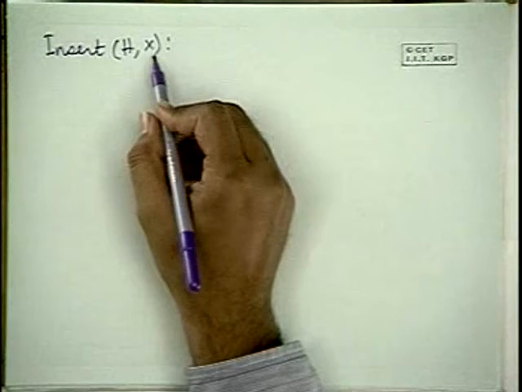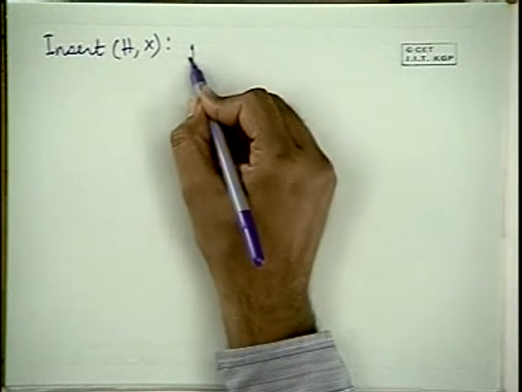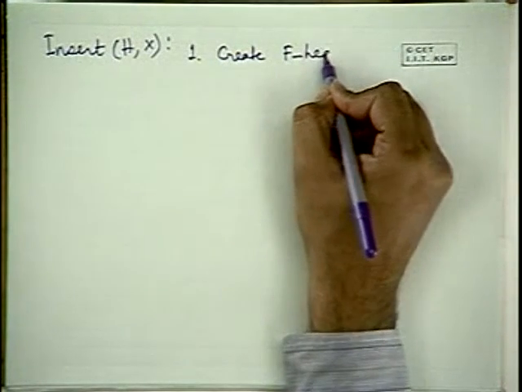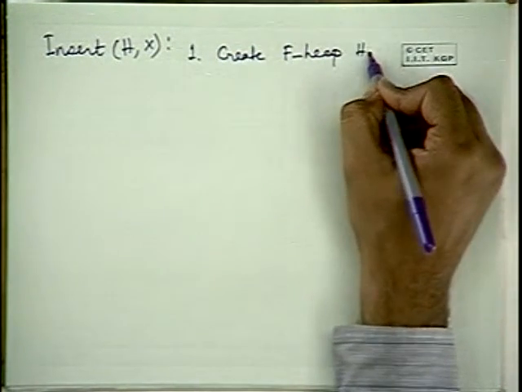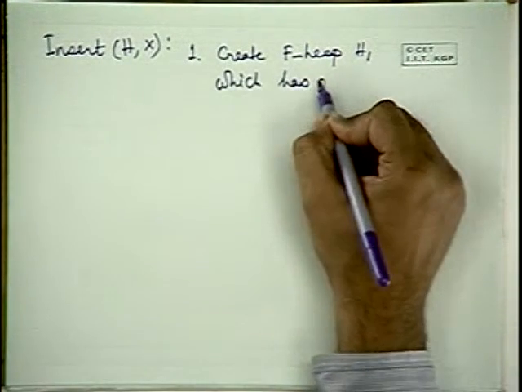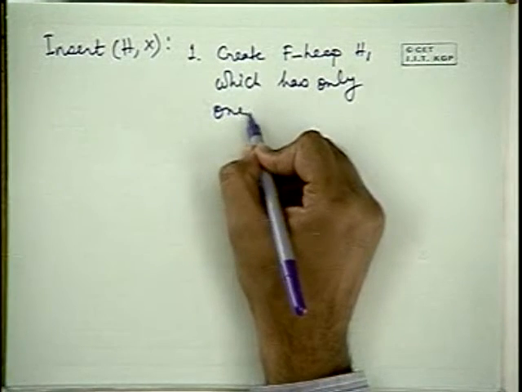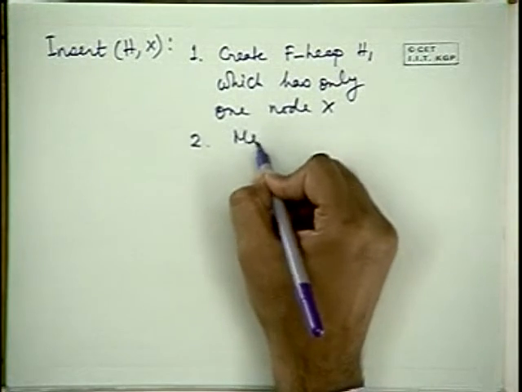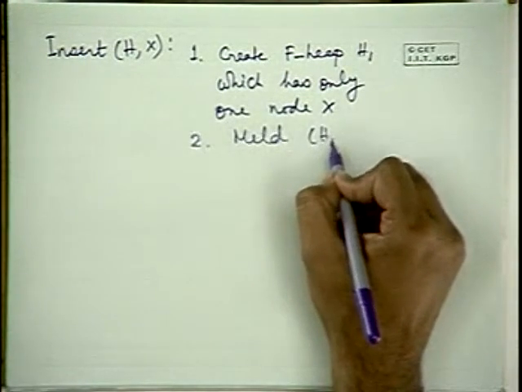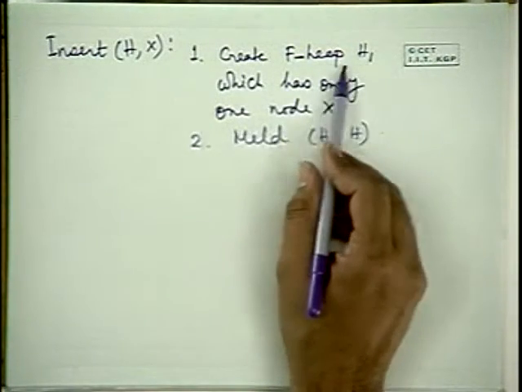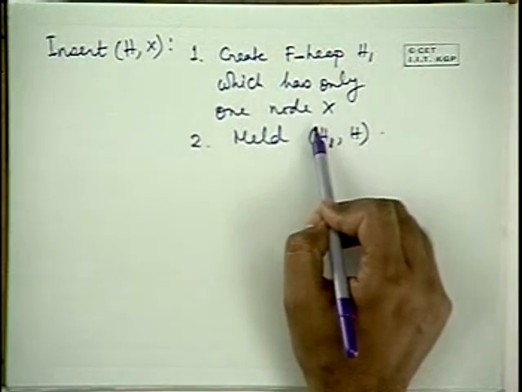So let's see, insert H, x, where x will be inserted in H. So first thing we do, create a Fibonacci heap H1, which has a single node x, and second merge H1 with H. Just create one Fibonacci heap with H1 and then merge these two.